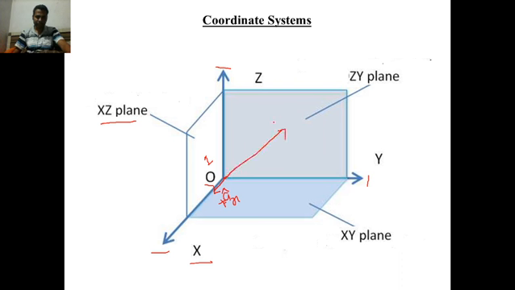If you show the unit vector along the negative x-axis, then it can be drawn in this fashion, and you can write it as minus x cap or simply minus a_x. So this is regarding the unit vector along the x direction.